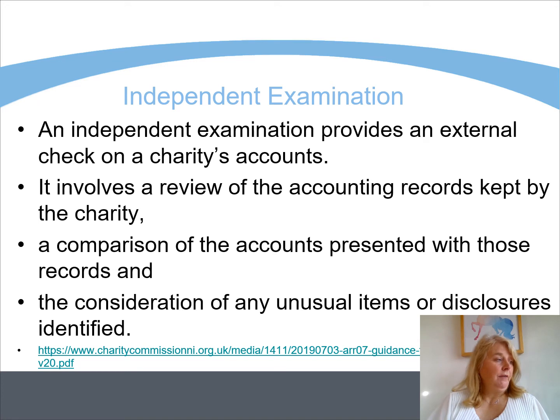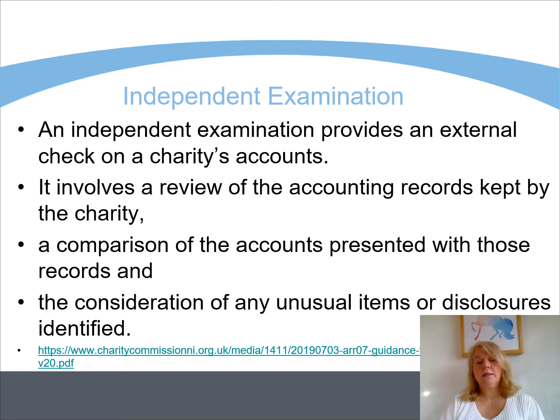So if in your accounts under equipment you have spent £500 on a tent, the chances are you'll have that receipt for £500, and the person who is independently examining your accounts will be able to look at those too, and show that it's a fair and accurate record.